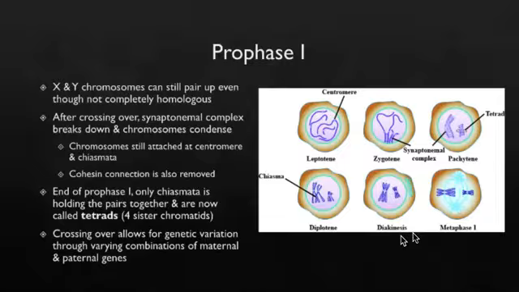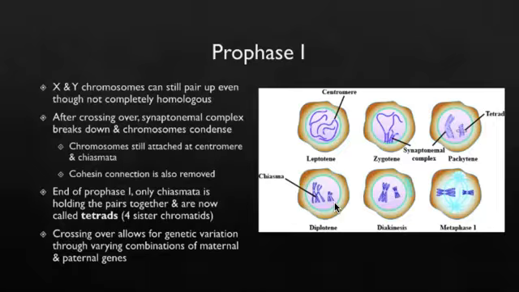After the crossing over has occurred, our synaptonemal complex, the protein structure holding our homologs together, begins to break down. At the same time, our chromosomes start to condense further, which makes them more visible under a microscope.